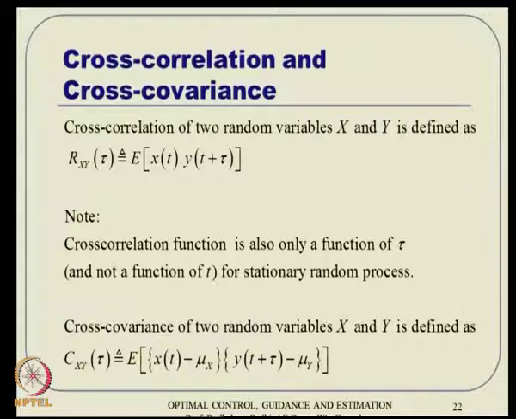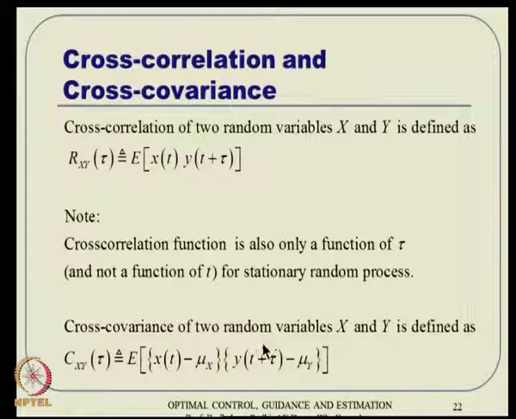And again the cross correlation function is only a function of tau. That means it is not really a function of t, but a function of tau, the difference between t2 and t1, for any stationary random process. And if you have cross correlation, you also have cross covariance.